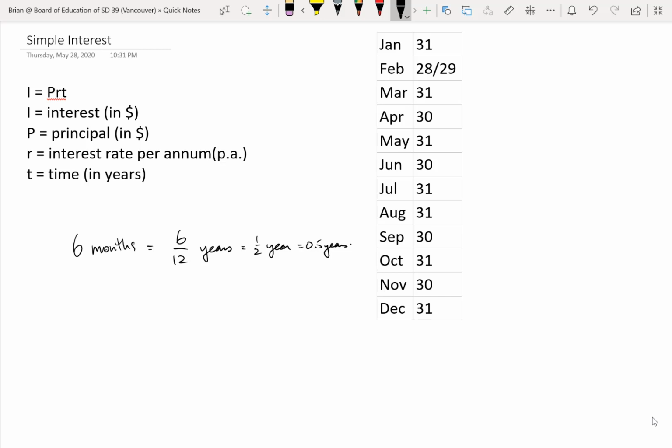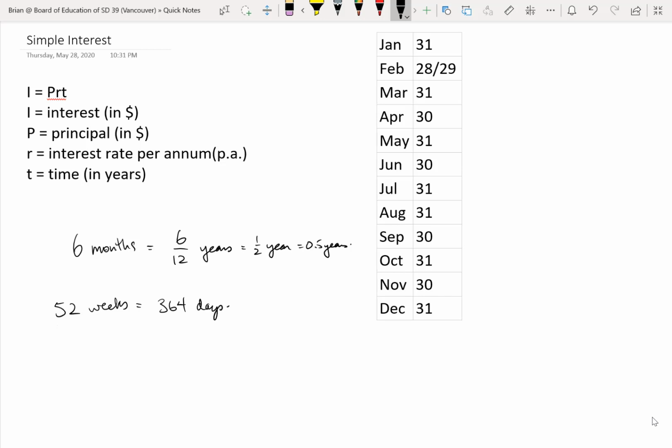What about weeks? Well, weeks are all the same, so that's good. There's 7 days in a week, but you have to be a little bit careful because a lot of people know that there are 52 weeks in a year. The problem is there aren't exactly 52 weeks in a year. So 52 weeks is actually 52 times 7, which is 364 days.